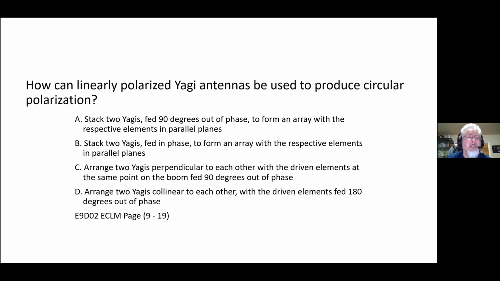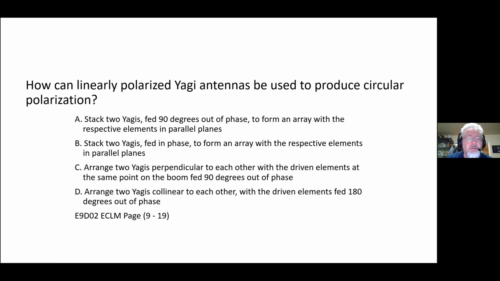How can linearly polarized Yagi antennas be used to produce circular polarization? A, stack two Yagis fed 90 degrees out of phase to form an array with the respective elements in parallel planes. B, stack two Yagis fed in phase to form an array with the respective elements in parallel planes.